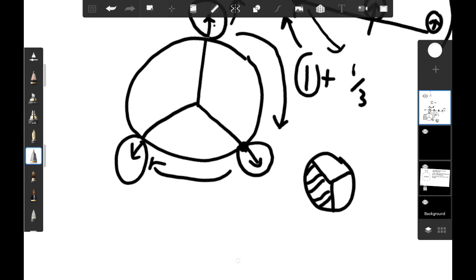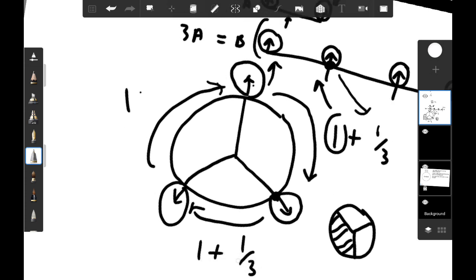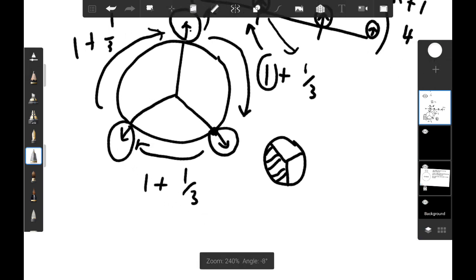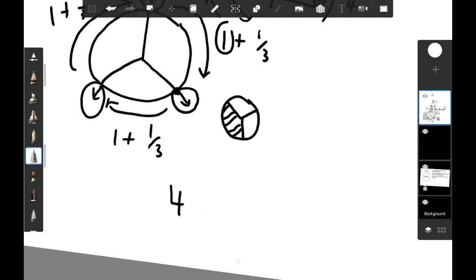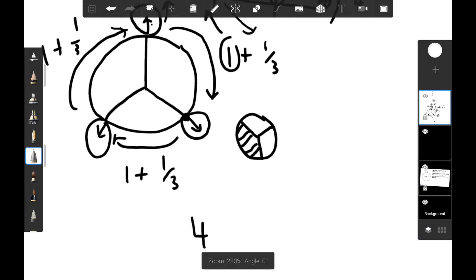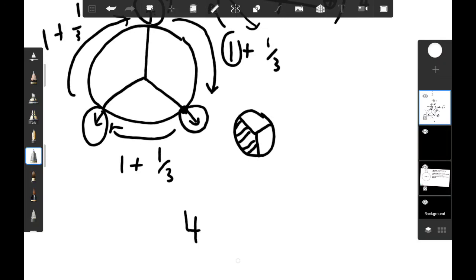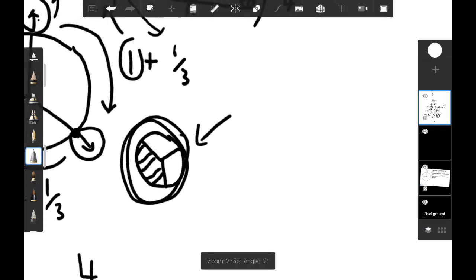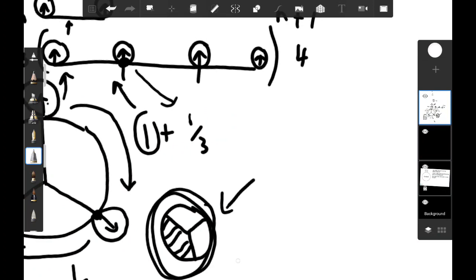So this is also 1 plus 1/3, and then you travel again 1 plus 1/3. So in total, it is 4 revolutions, and that is why the answer is 4 and not 3, because when you put it back into the circle, it has a fraction of how much it has revolved, other than when it revolves in a straight line.